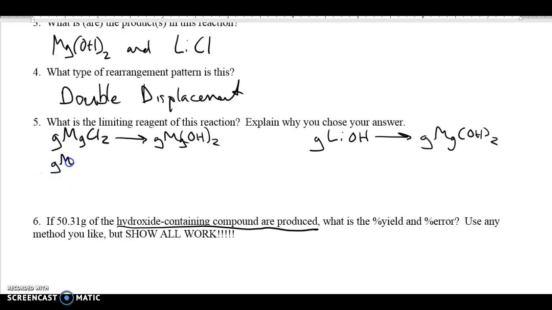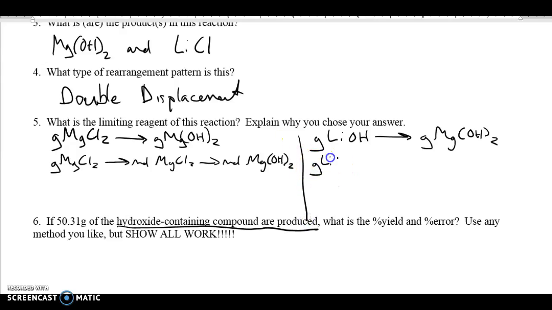So we're going to go from grams of magnesium chloride to moles of magnesium chloride to moles of magnesium hydroxide. And I'm going to stop there, and I'll show you why in a second. Then the other half of this, we're going to go from grams of lithium hydroxide to moles of lithium hydroxide to moles of magnesium hydroxide.